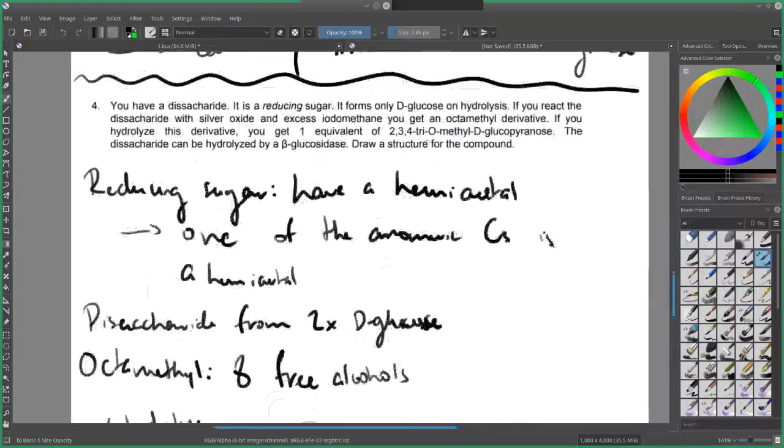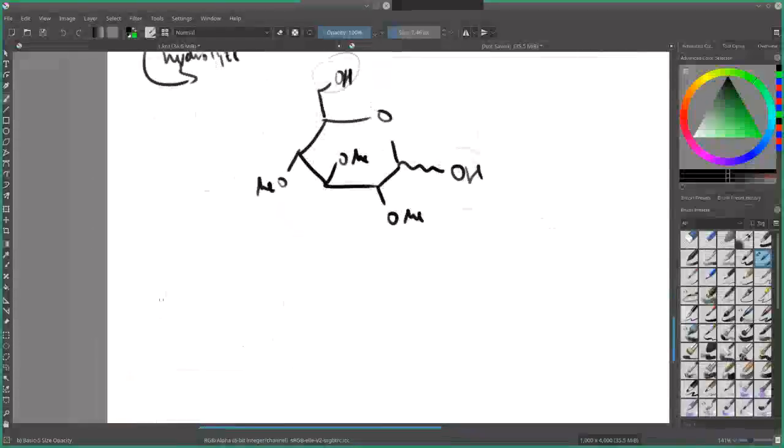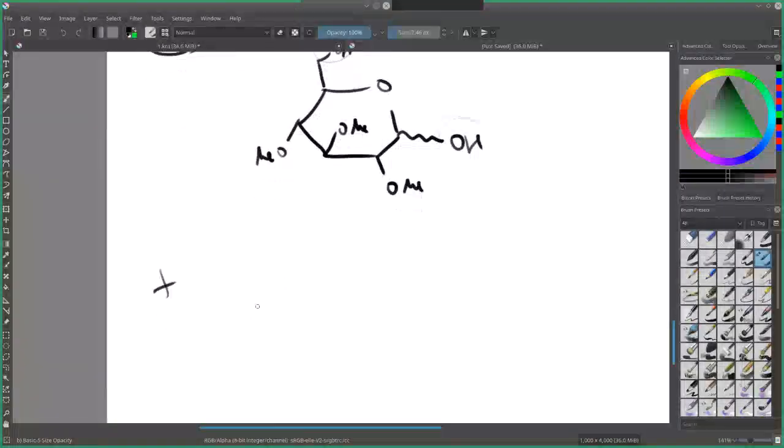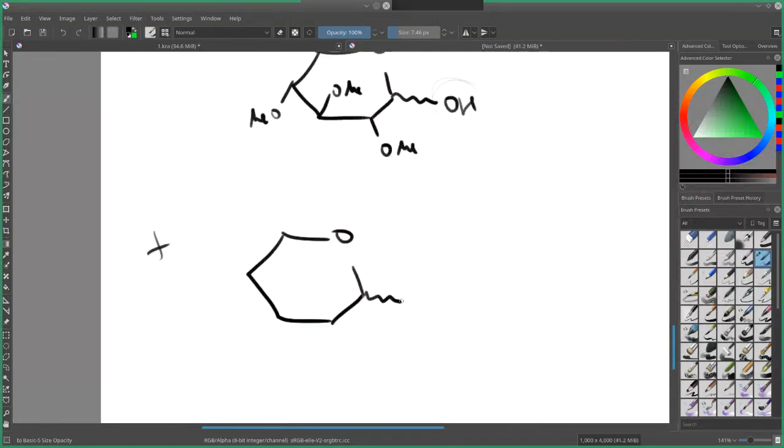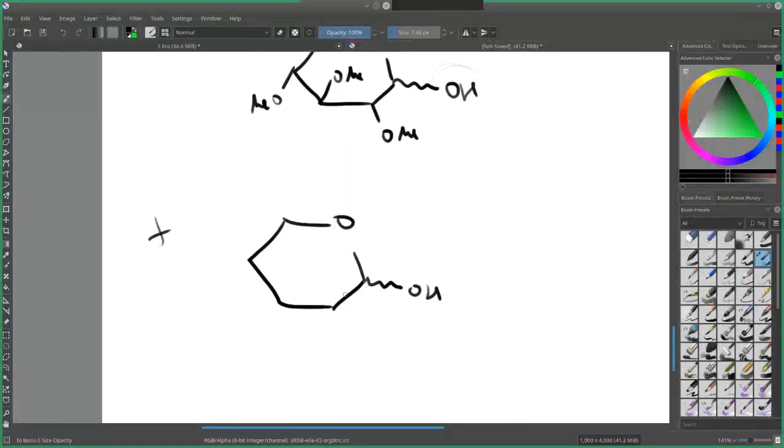So let's see, and it's an octamethyl derivative, and so the other one that we get is, we know the other one is bonded at the anomeric carbon. So this other one has an OH hanging off like that, and it's methylated all over.